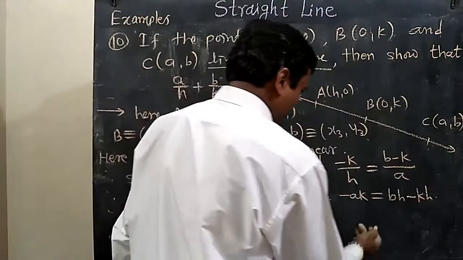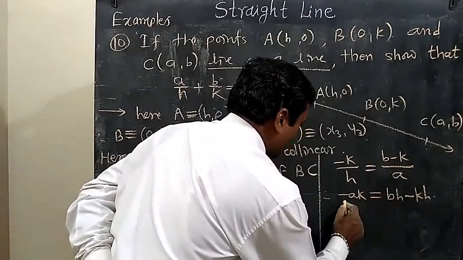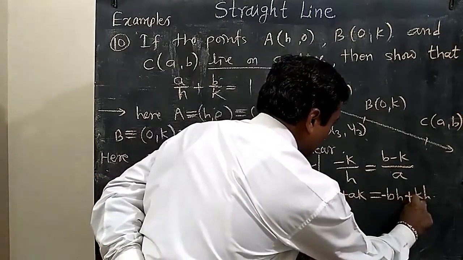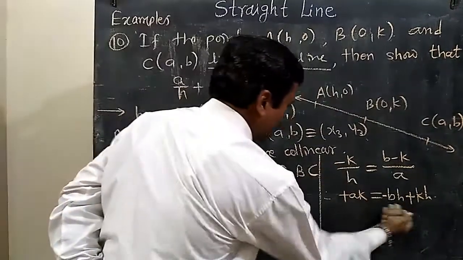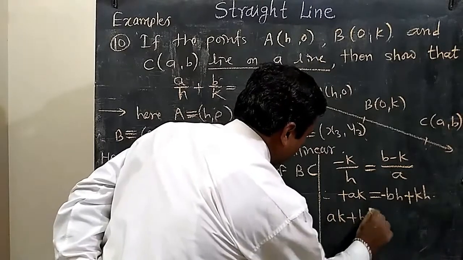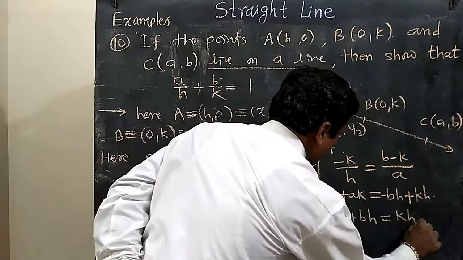Let us change the signs of all terms, so plus, minus and plus. Take this bh to the left so that here we get ak plus bh equal to kh or hk.